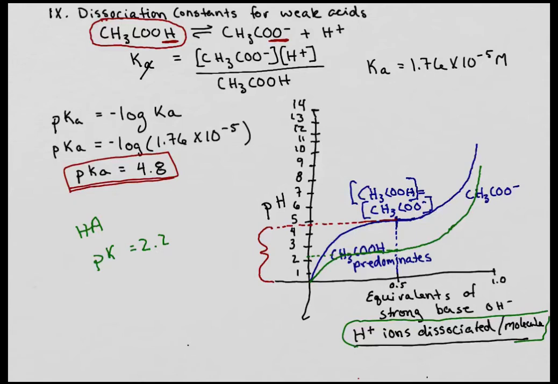Just recognizing that in this case A stands for acid and H is the acidic proton, so as it dissociates, then we get A minus plus H plus. So we recognize that at this midpoint, A minus is present in equal concentration to HA.